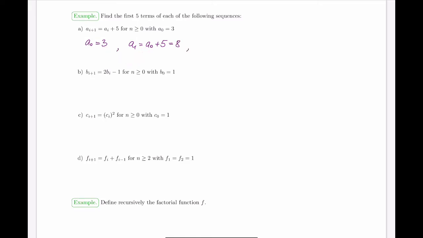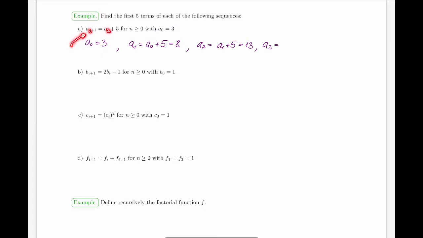Great. What about A2? In order to compute A2, I'm going to plug in I equals 1. On the left, I'm going to have A2, which is what I'm looking for, and on the right, I'm going to have A1 plus 5. A1 is the one I've just computed, which is 8. 8 plus 5 is 13. A3, I'm going to plug in I equals 2.